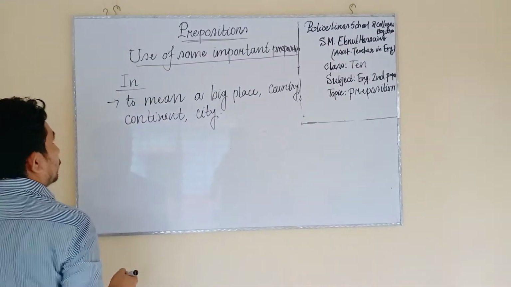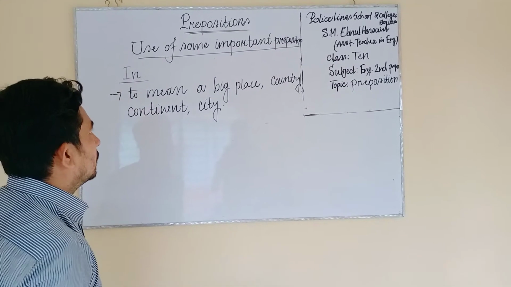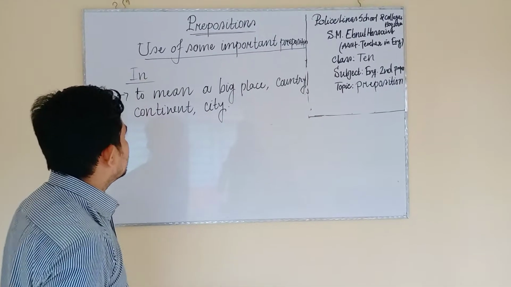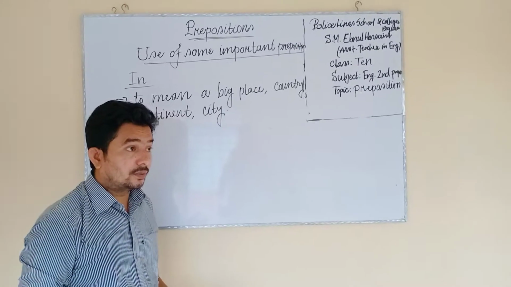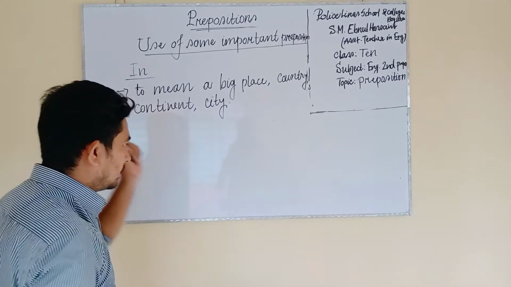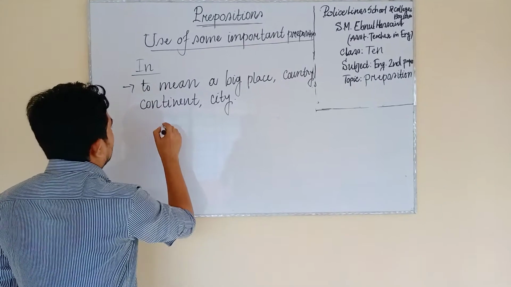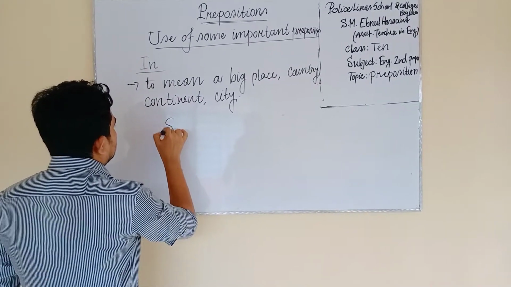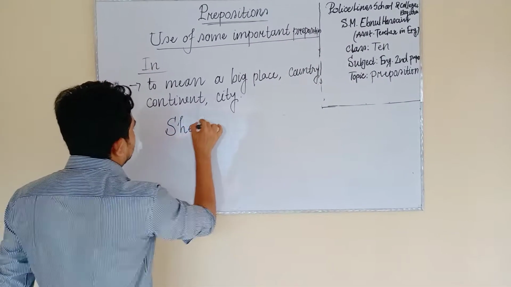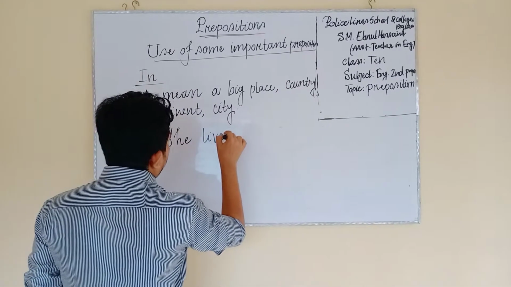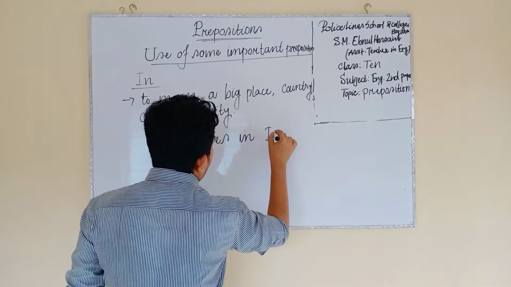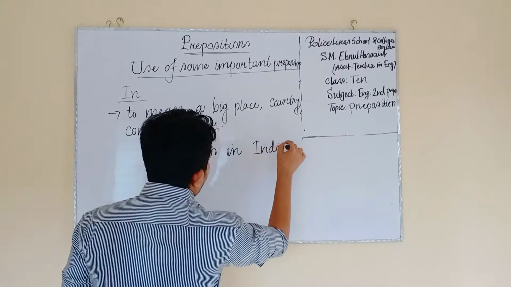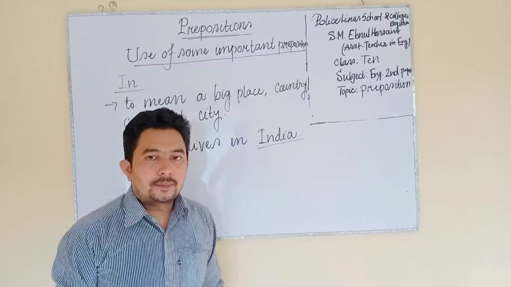Let's have an example. In is used to mean a big place, country, continent, or the name of big cities. She lives in India.